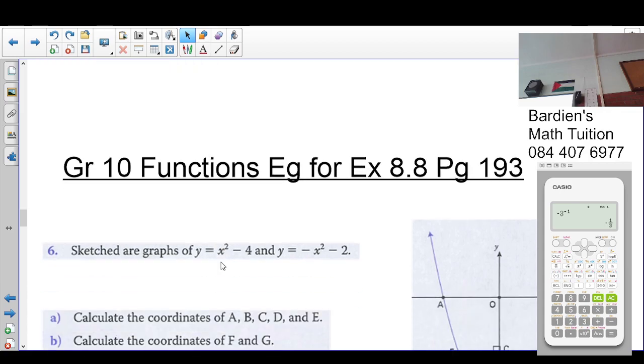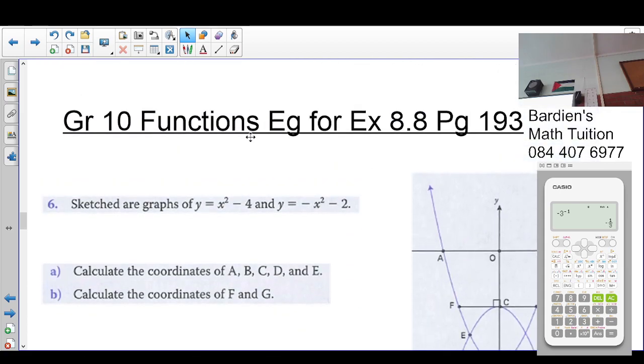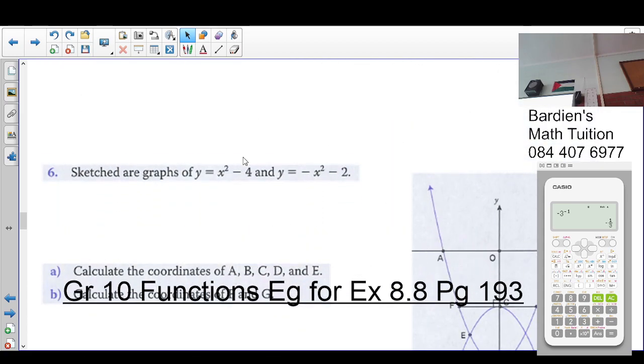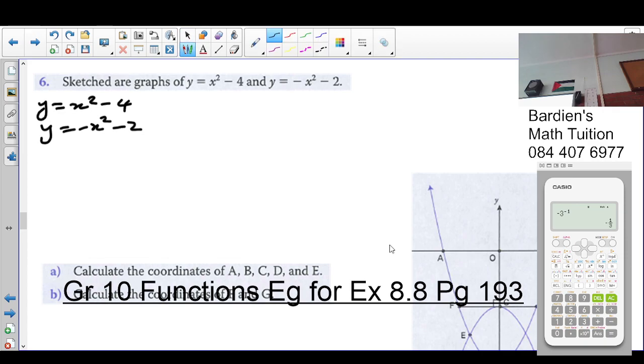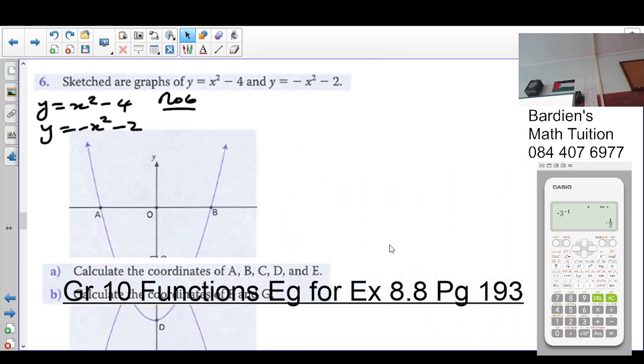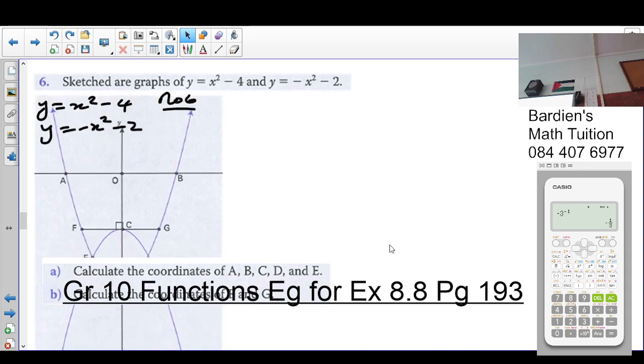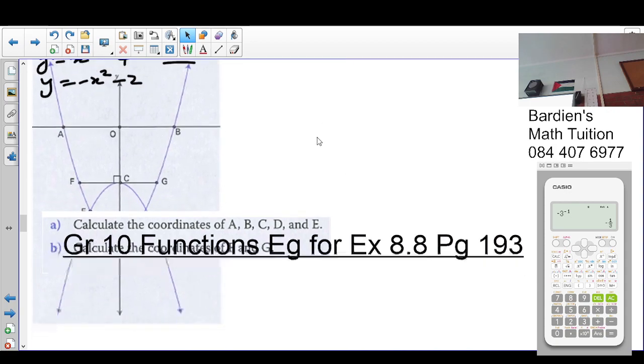Number 6. Sketch the graphs of y equals x squared minus 4 and y is equal to negative x squared minus 2. Okay.